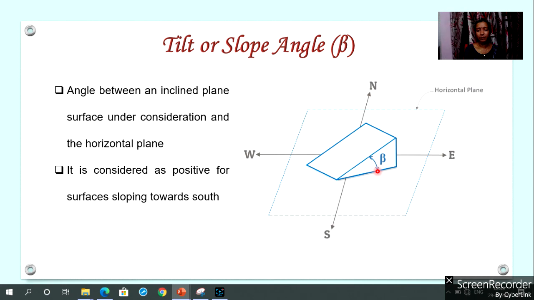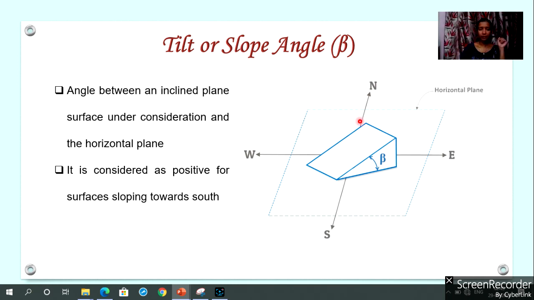This is the angle by which the plane is inclined to our horizontal surface. This angle is considered positive for surfaces sloping towards south. So if this particular surface has a slope towards south, it is considered positive, and if it is sloping towards north, it is considered negative.